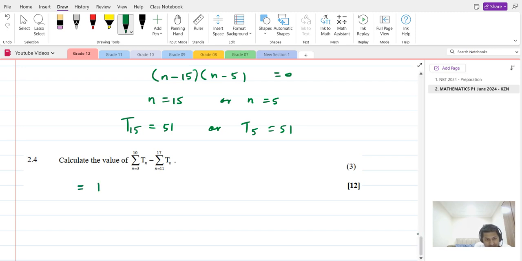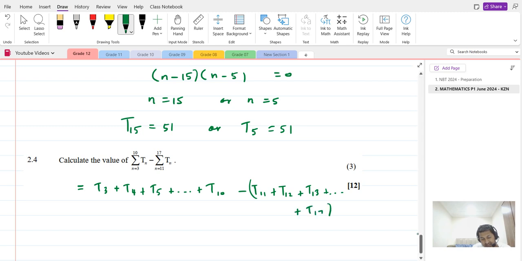So what we're doing here is adding up term 3 plus term 4 plus term 5 plus dot dot dot plus term 10, and we are subtracting term 11 plus term 12 plus term 13 plus dot dot dot plus term 17.